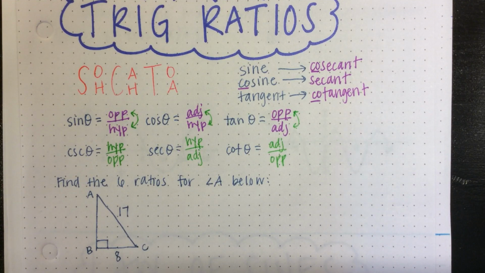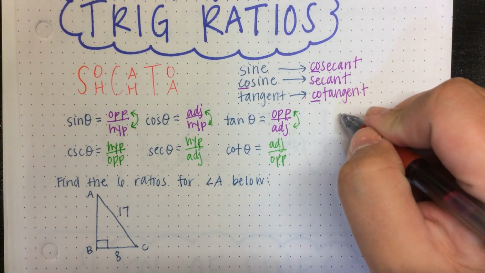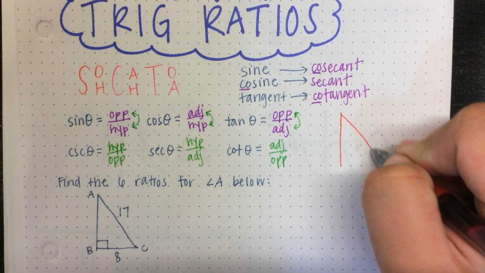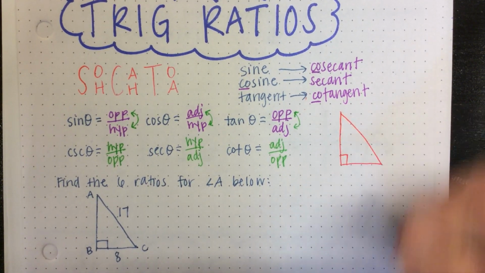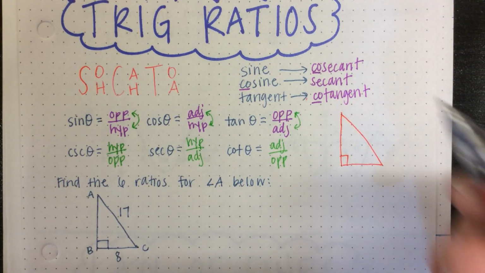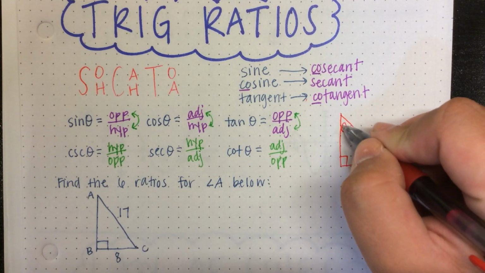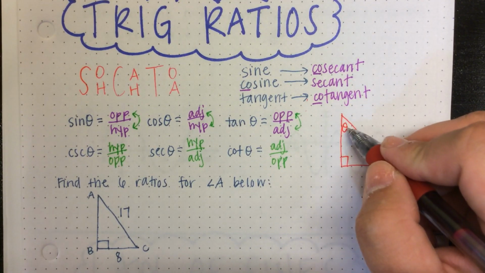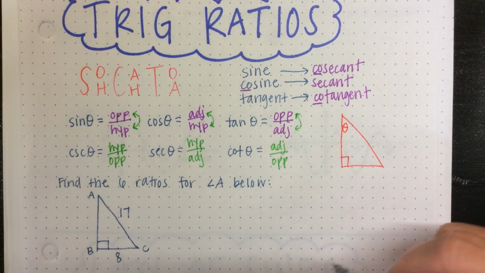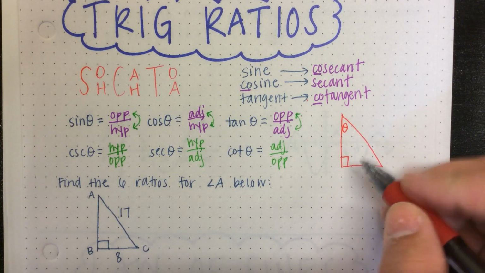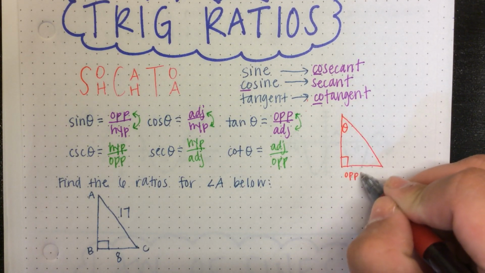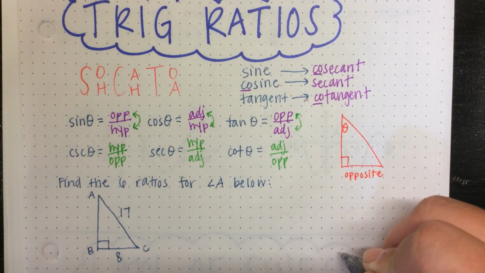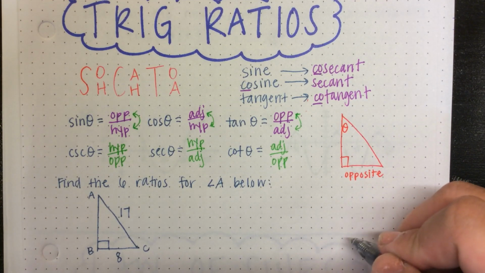Now the opposite, adjacent, and hypotenuse all come from a right triangle. So if I have a right triangle and I pick an angle, we'll call it theta. Remember, theta is just a variable we use for angles. If I'm working with this angle up here, the opposite side is the side that it does not touch, so that's down here on the bottom. Adjacent is the one that it does touch.